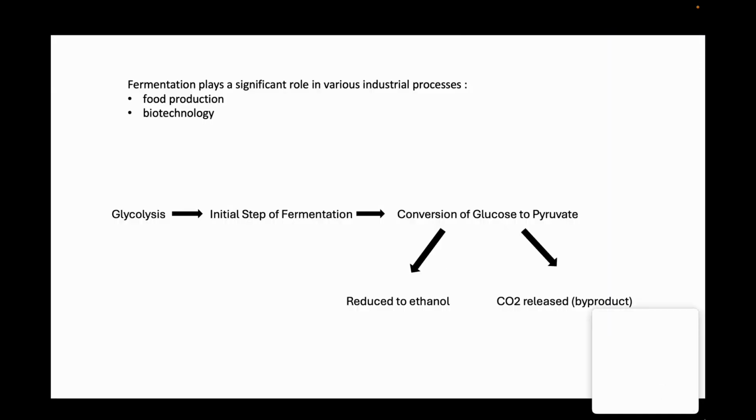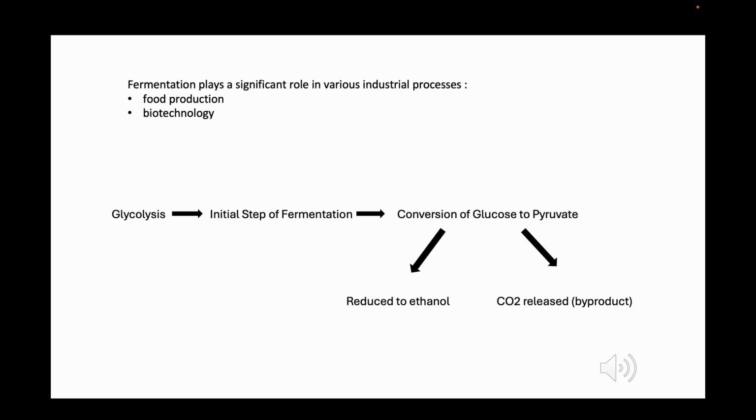Moving ahead, let's now understand how the process of glycolysis is carried out and also about the applications of fermentation. Now, the fermentation process first initiates with glycolysis, which involves the breakdown of glucose molecules into pyruvate. Now, the pyruvate is further reduced to ethanol.